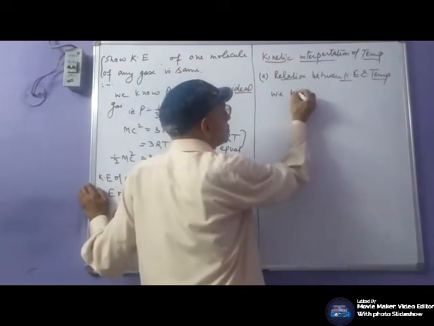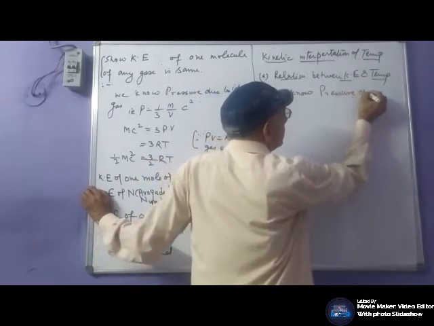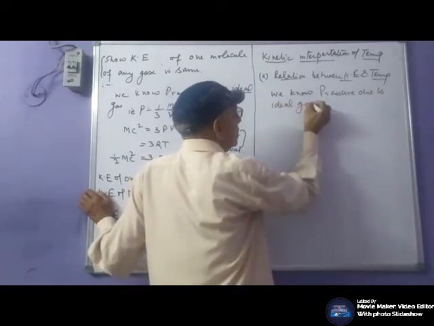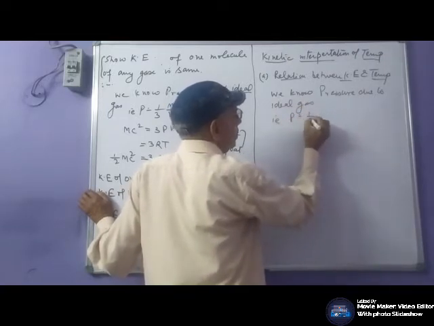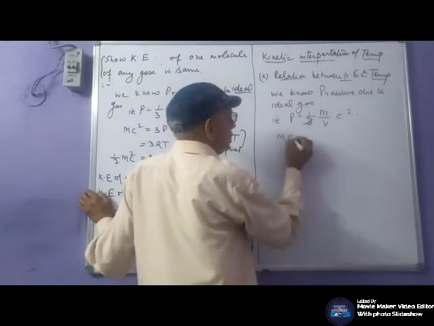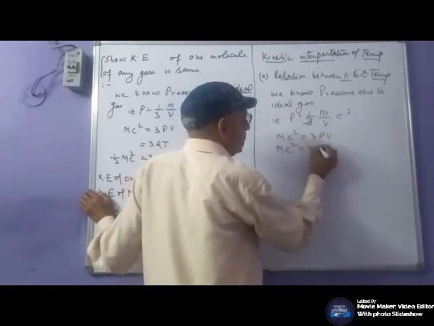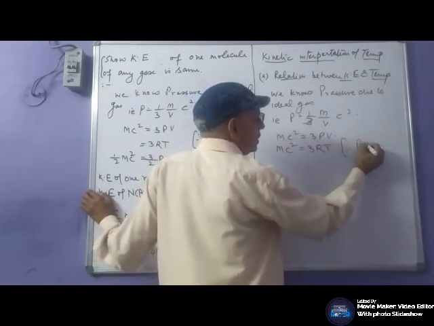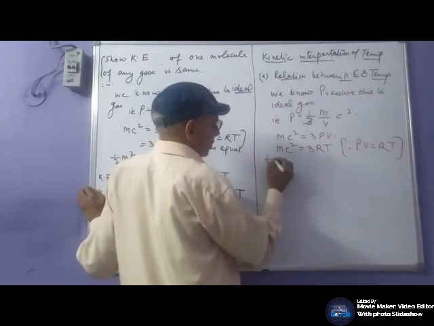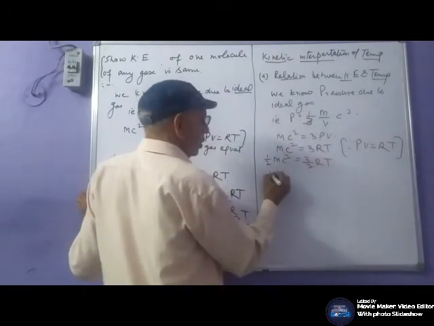We know the pressure due to ideal gas is P = 1/3 (m/V) c², or PV = 1/3 mc², or 1/3 mc² = RT since PV is RT, or half mc² is 3/2 RT.